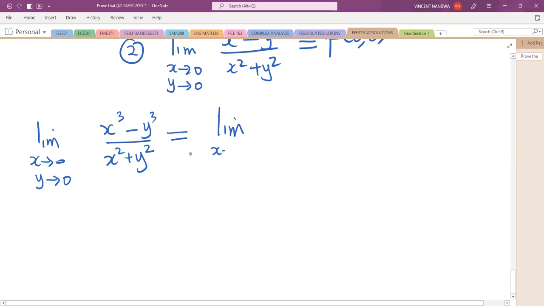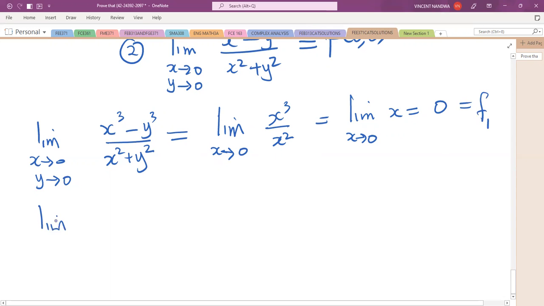So along the x-axis, all the values of y are 0. Replacing y by 0, I'll have x cubed over x squared. So this is the limit as x approaches 0 of x, which is 0, and I call this value f1.